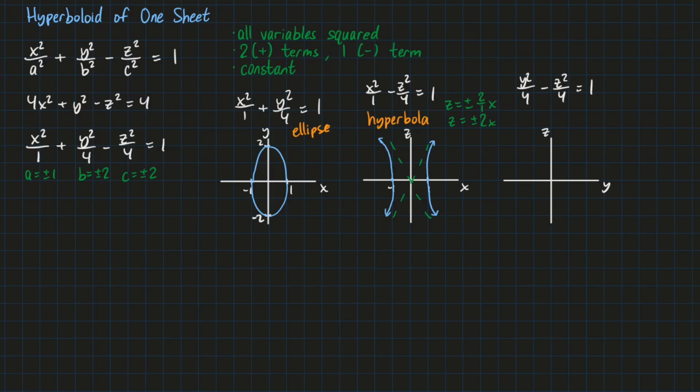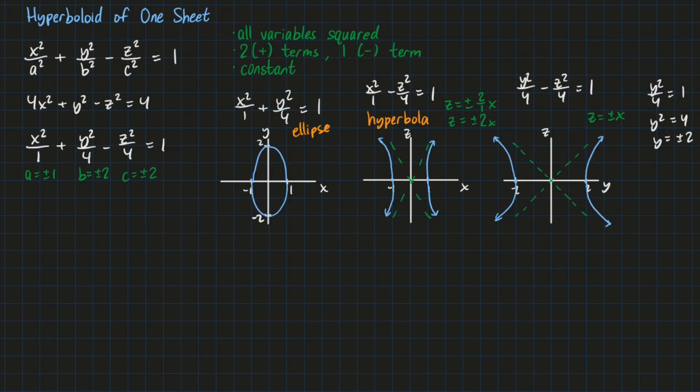Z is our vertical axis again, so our asymptotes are z equals plus or minus 1x. Getting the y-intercepts by plugging in 0 for z, we have y squared over 4 equals 1, or y squared equals 4, and y equals plus or minus 2.